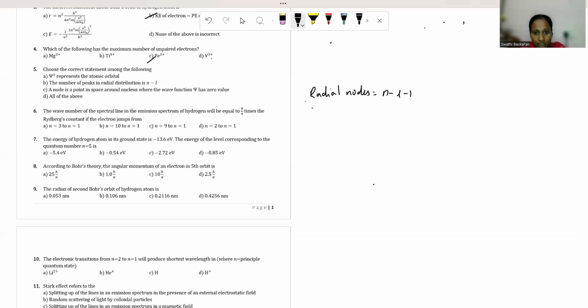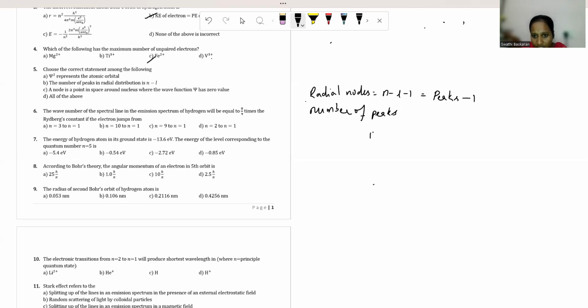And we also know the relationship between radial nodes and the number of peaks, that radial nodes is equal to peaks minus 1.